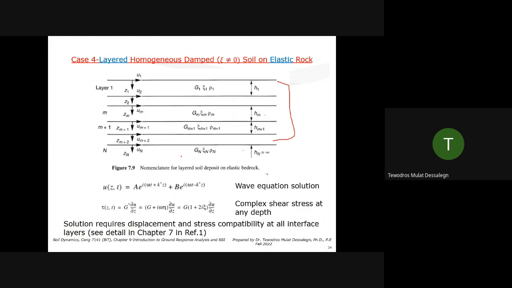Even with depth, G increases downward generally. And you may have a sand layer on top, clay and things like that, or limestone in between. So this is just an extension of case 3 with so many multiple layers. And each layer, even the rock, is elastic with some damping, and damping is not zero in this case. So this is the most general case.